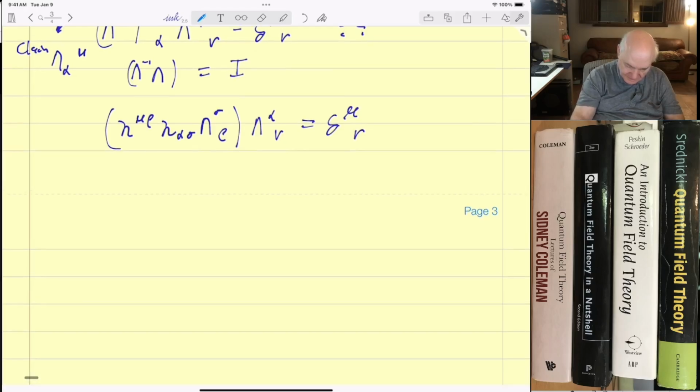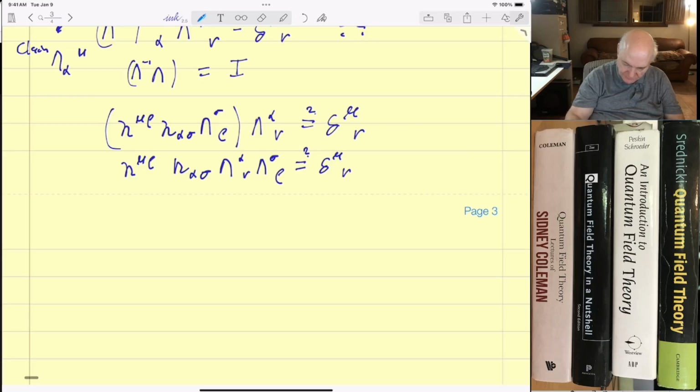Okay. So I have eta mu rho, eta alpha sigma, lambda alpha nu, lambda sigma rho is equal to del mu nu.